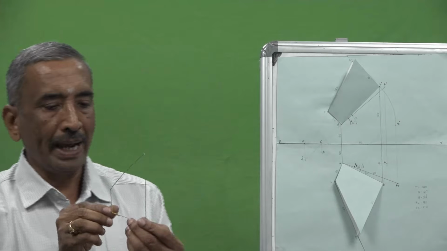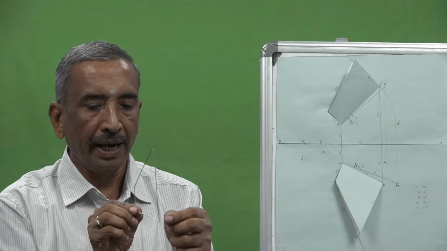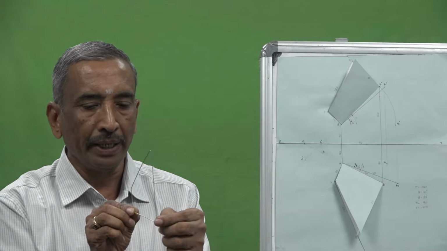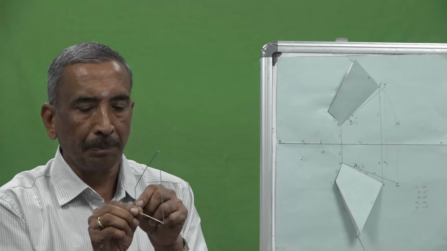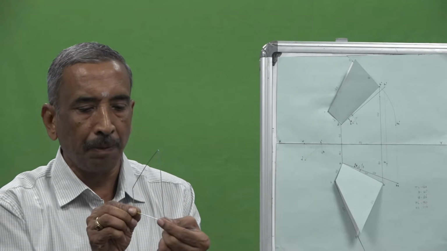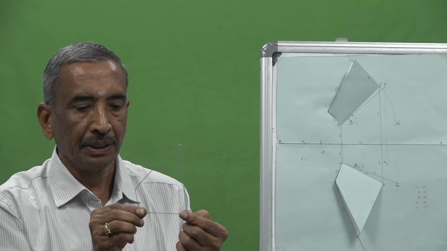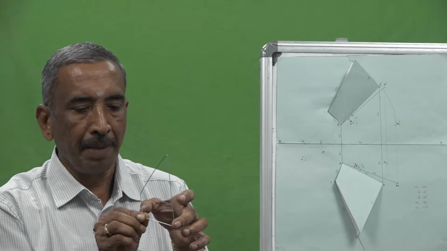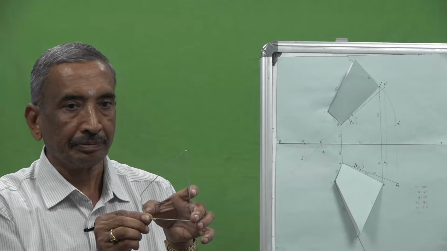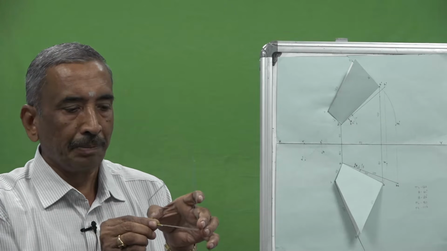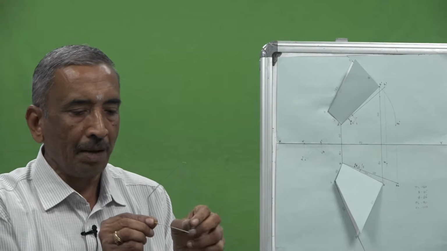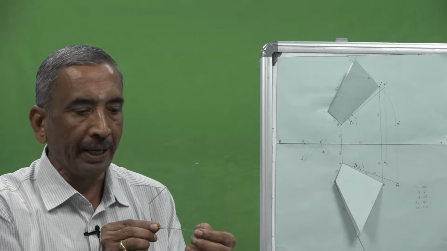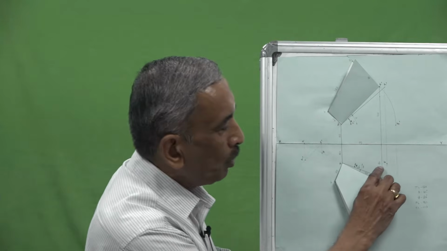I fix the point A and move this point B like this, so that this distance remains the same and I make it parallel to VP. By making it parallel to VP, I move point B to a new point, which I call B1.